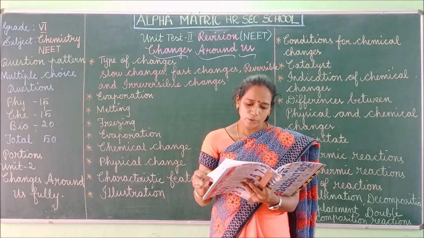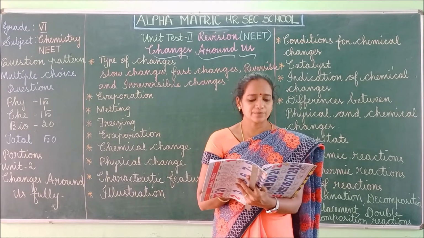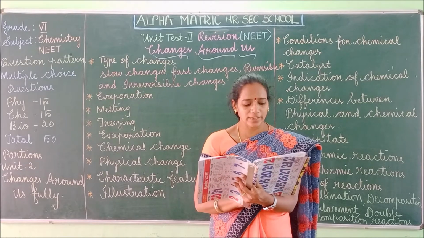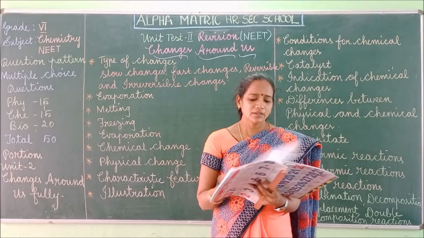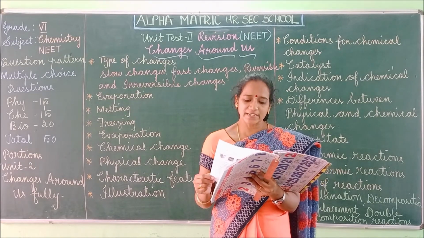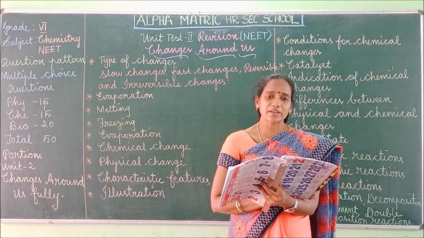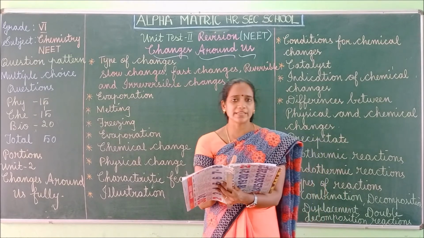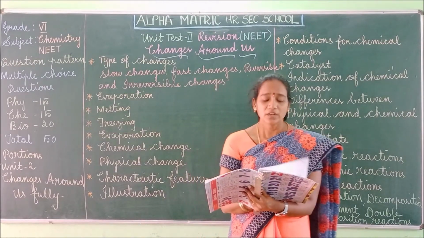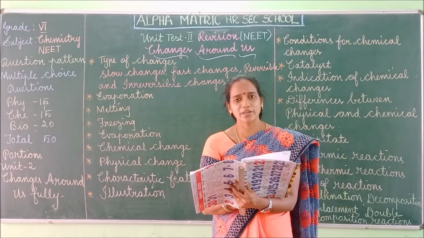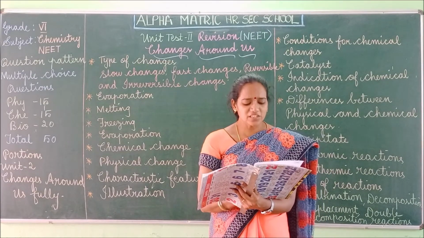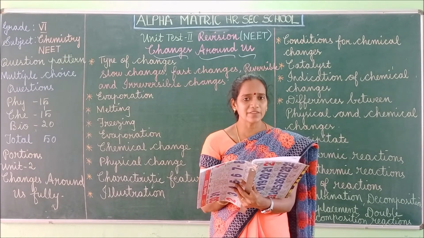Okay, now come to page number 18. Page number 18. Okay, in page number 18, illustration is given, isn't it? In that illustration, see chemical change. Below that illustration 3, chemical change is given. Here, definition for chemical change is given. A chemical change is a permanent and irreversible change.